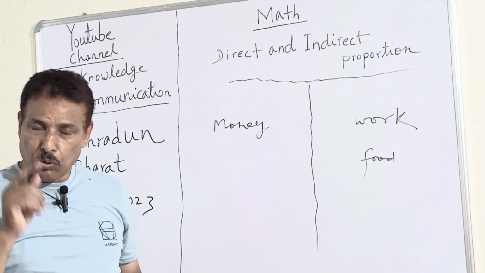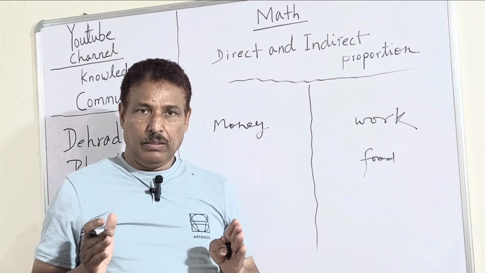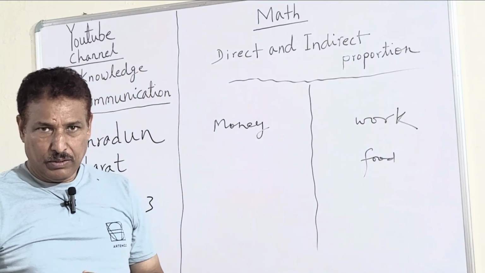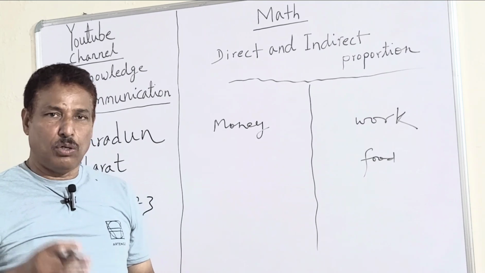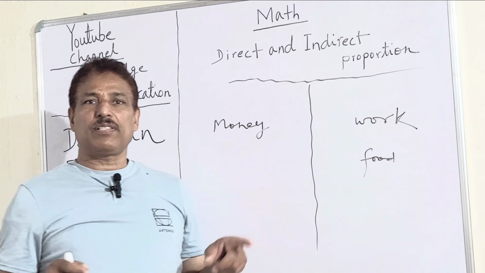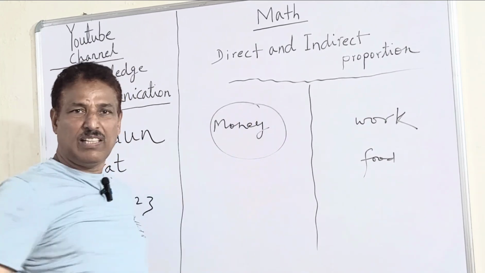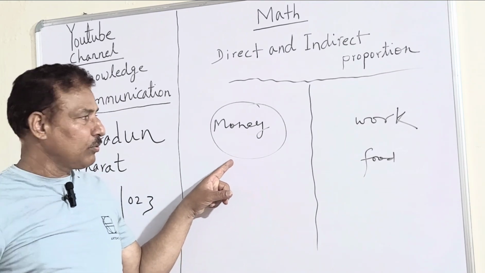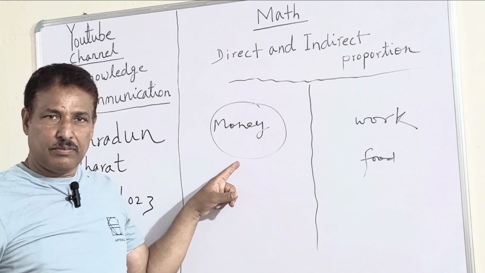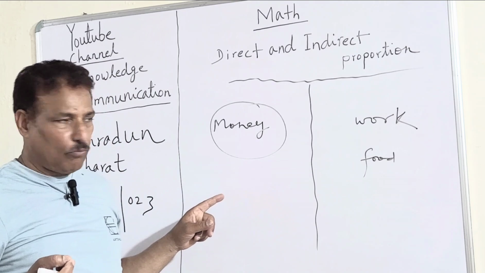Look, suppose you have got 1000 rupees, and your friend has got 5000 rupees, and you both want to purchase the same thing. This is money centered. With the help of money, I am trying to make you understand. Suppose you both take a decision to buy some particular article.